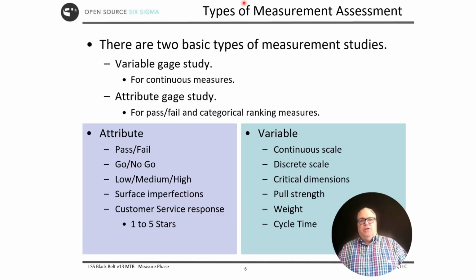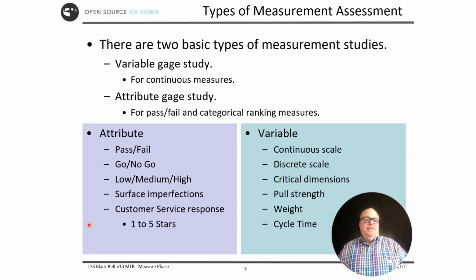In this section, we're going to look at two types of measurement system assessments. One for variable measures. So I've got a continuous scale. We've got things like pull strength and weight and cycle time. So I can take the measure and divide it into smaller and smaller increments.